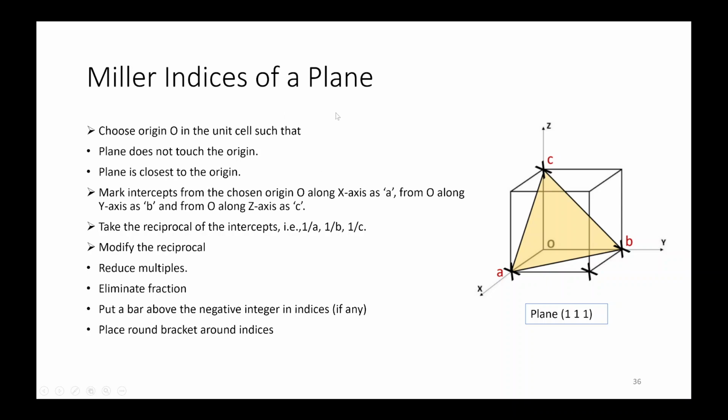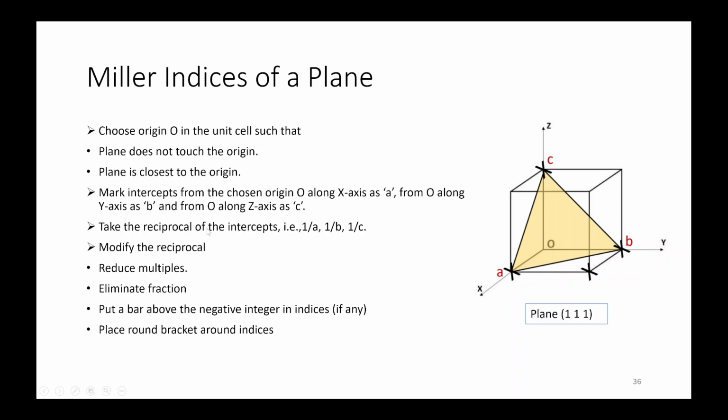Now for Miller indices of a plane, firstly we'll be choosing an origin, and if this plane is given, we'll be labeling the axes A, B, C, and if it is cutting the x direction at 1, and the intercepts are 1, 1, 1 here, we'll be taking the reciprocal.